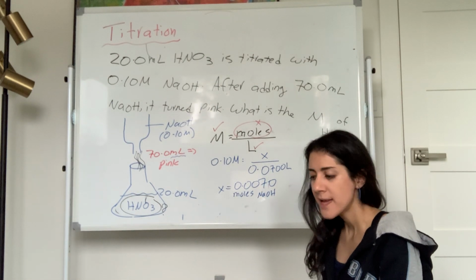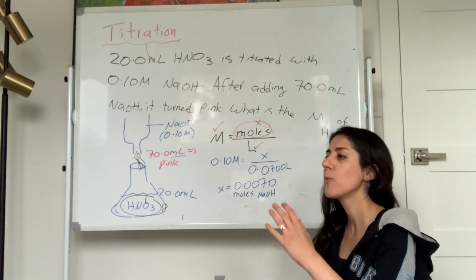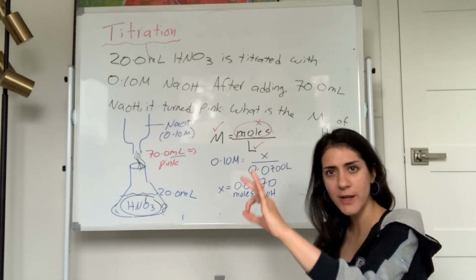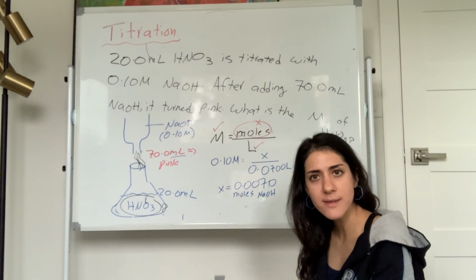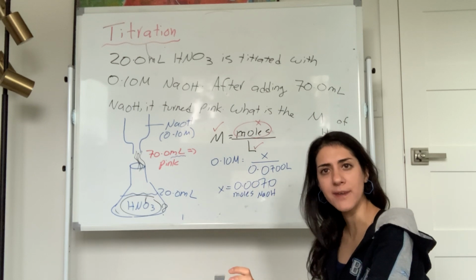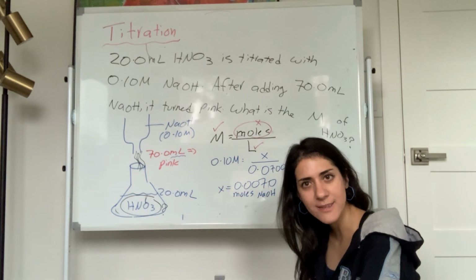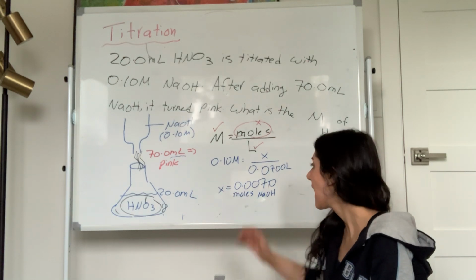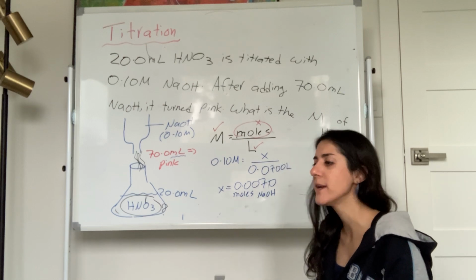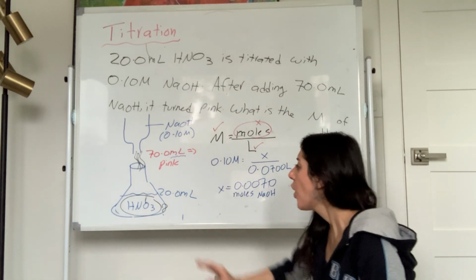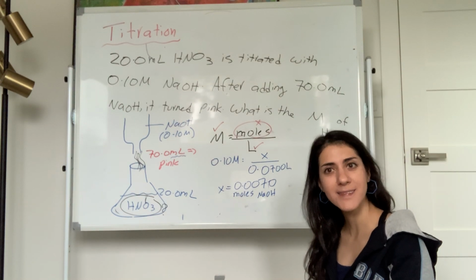I've added that. Now remember the practice problem that I showed you before this. We added 3 sodium hydroxide and then it turned pink, which means we had 3 acid in the solution. Now, I added 0.0070 moles of NaOH and then it turned pink. So how much nitric acid did I have in here? The same number.